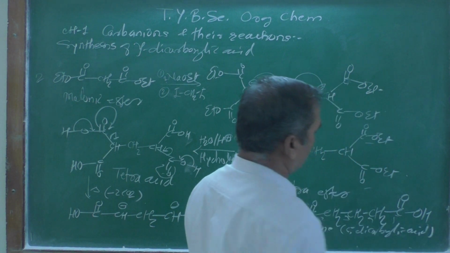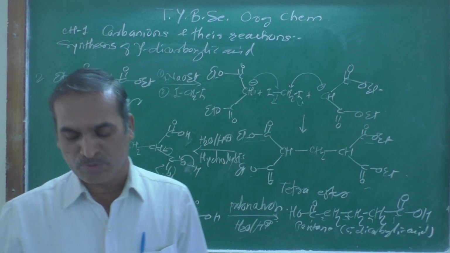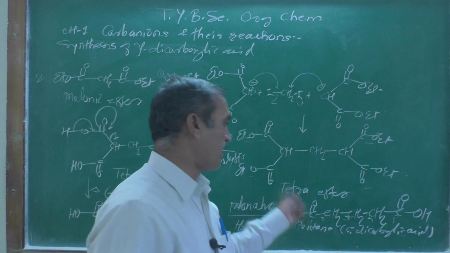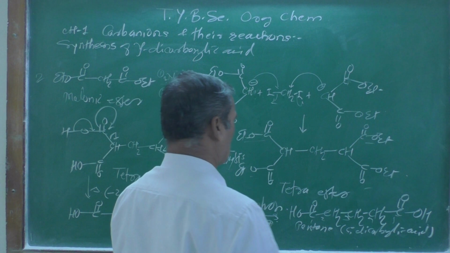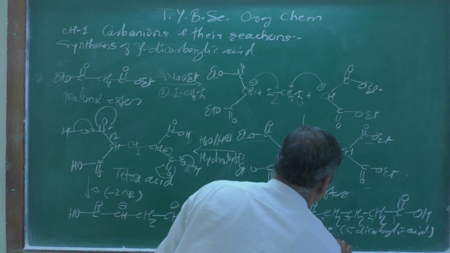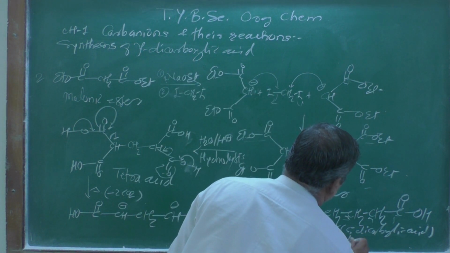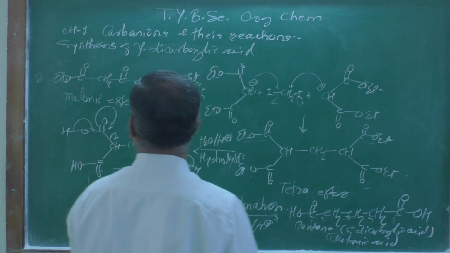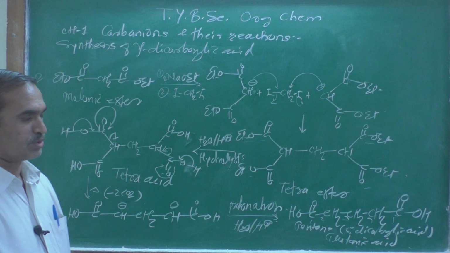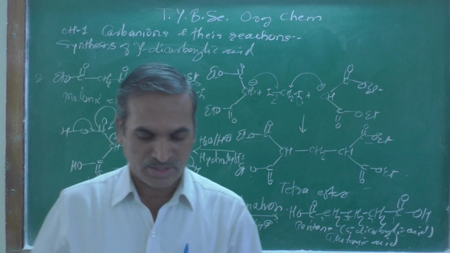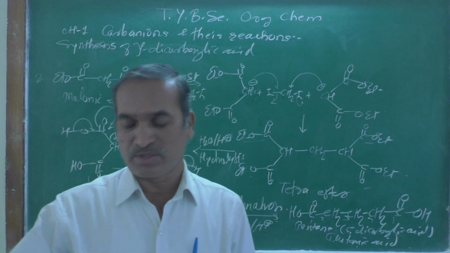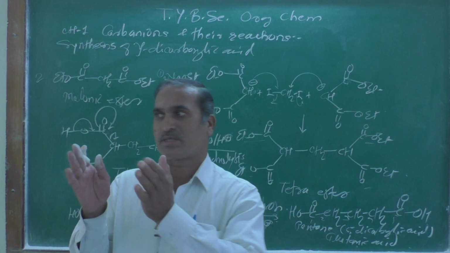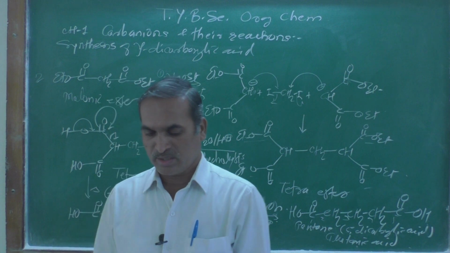That will be the probable IUPAC name of this compound, and the common name of this compound is glutamic acid. So in this way we have synthesized the dicarboxylic acid in the laboratory, starting from the malonic ester.